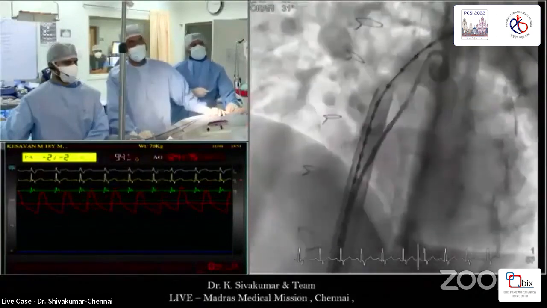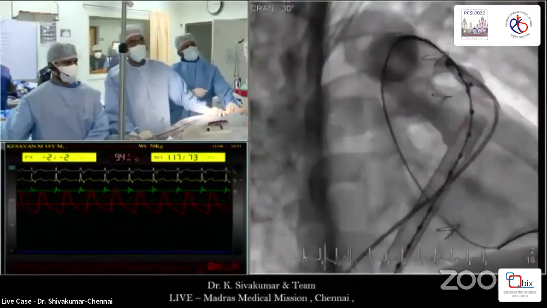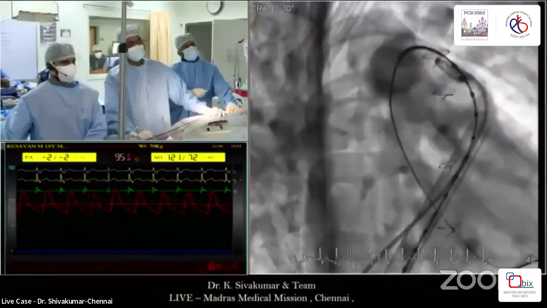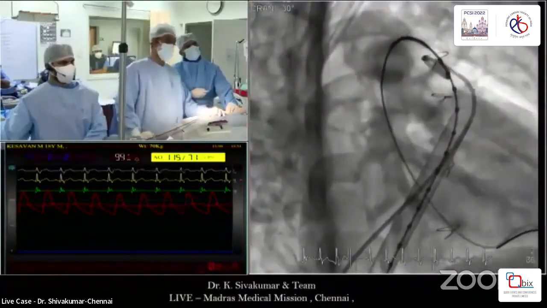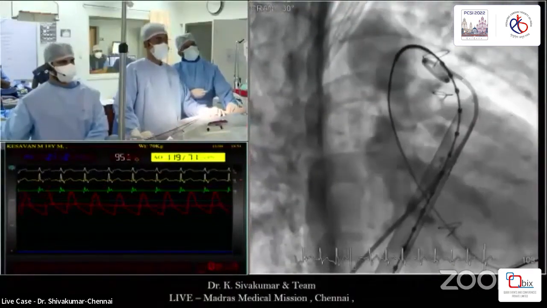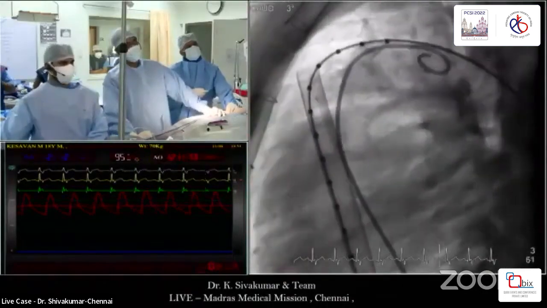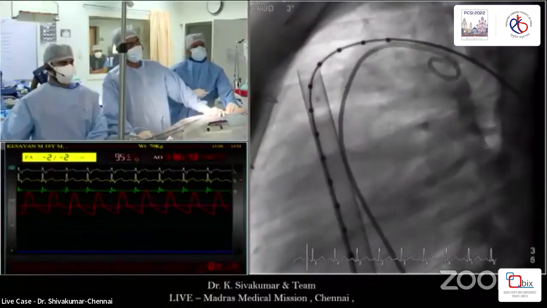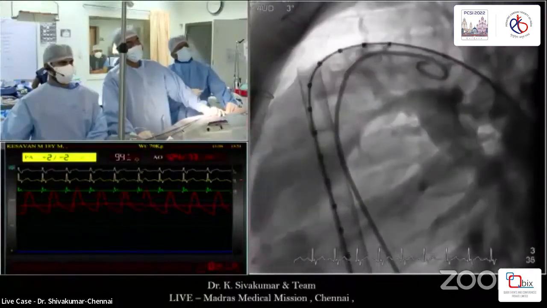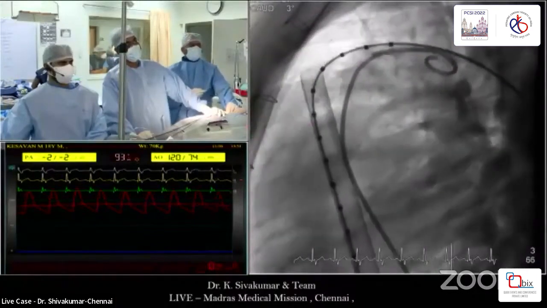And the second one, RAO, is showing that it's rather tubular. The distal end is not terribly narrowed. Show the lateral. So this is the lateral view, and I will show the measurements now. Show the fixed measurements.